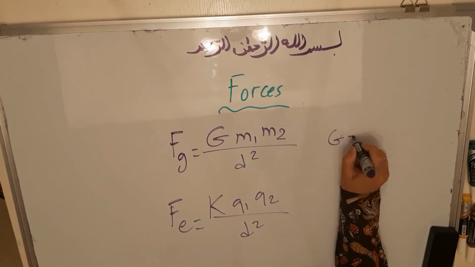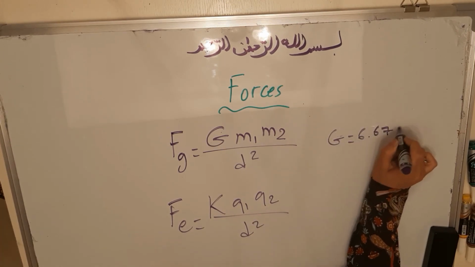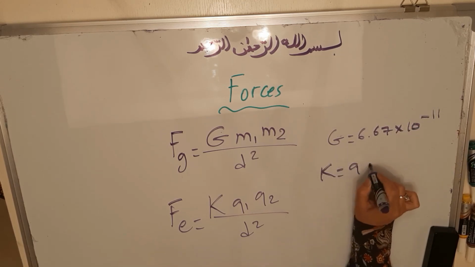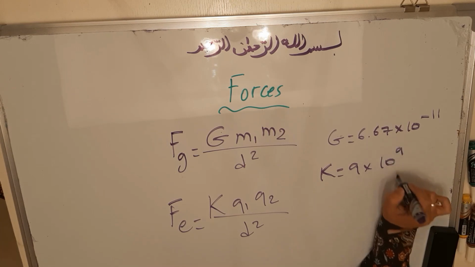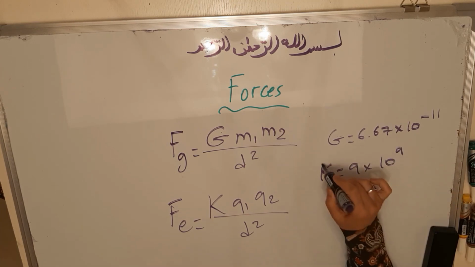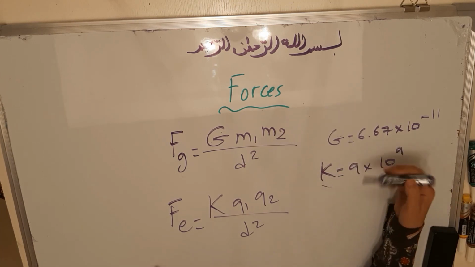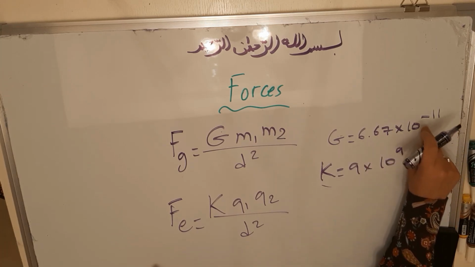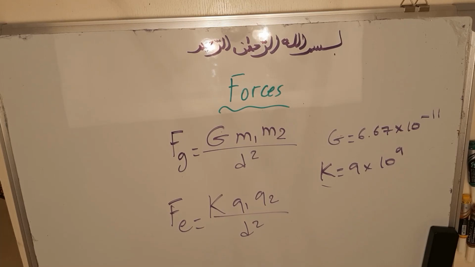You see that G is 6.67 times 10 to the negative 11, while K is 9 times 10 to the power of 9. Because of the difference, this is 10 to the power of 9 and this is 10 to the power of negative 11, you see that Fe will beat Fg.